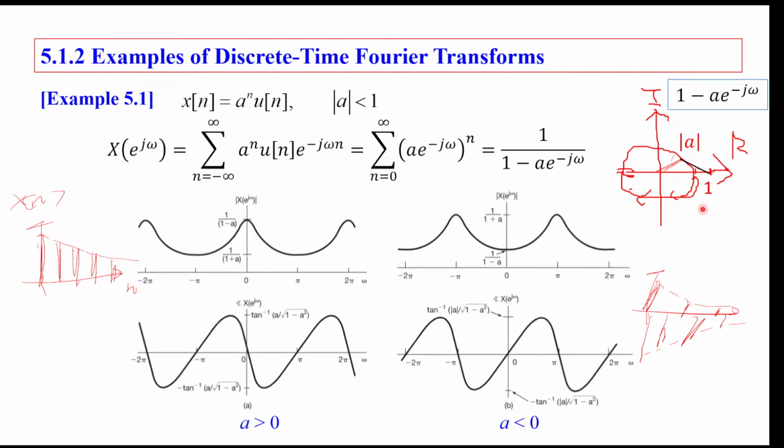Okay, so when omega increases, you walk on this circle clockwise, because as you increase omega, you decrease the phase here. Okay. And 1 minus a e to the minus j omega is the distance between this 1 and the point you have on this circle, so kind of this black line. Okay, so maybe your a e to the minus j omega is here. Then obviously when the distance is smaller, your big X absolute value is higher. And when the distance is larger, your big X is smaller. The distance is smallest when your a e to the minus j omega is very close to 1.